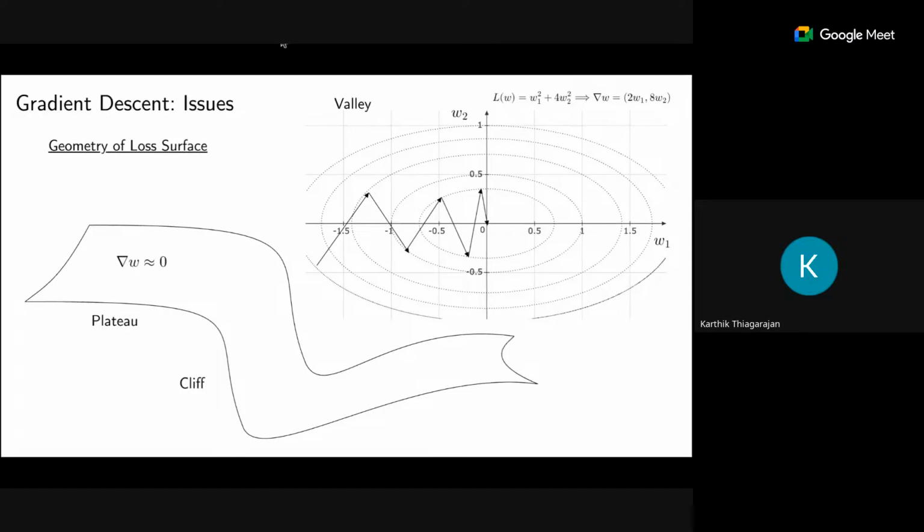If you start gradient descent here, the first iteration will take you to this point. The second iteration will take you to this point, because remember the gradient always points in the direction perpendicular to the contour at that point. So it will go here, come here, go there, come there. There are a lot of oscillations.